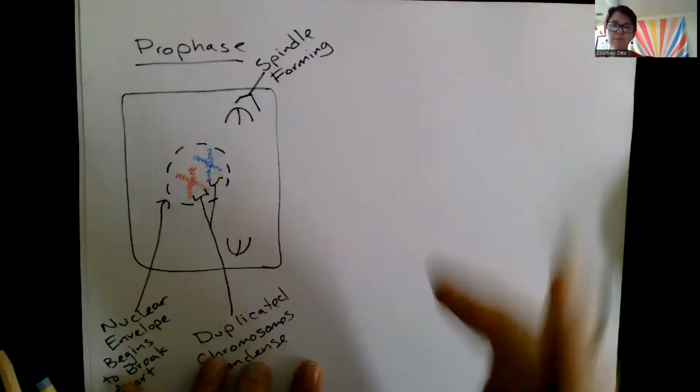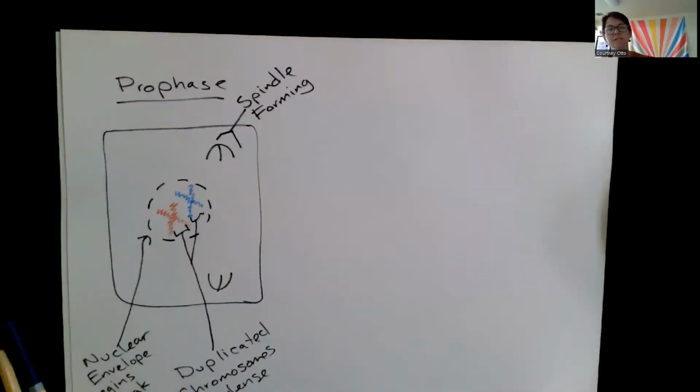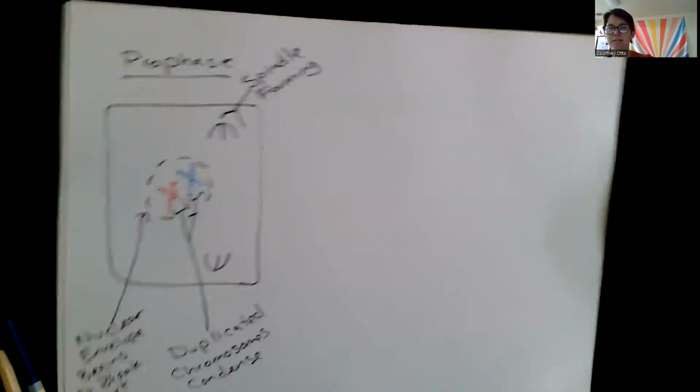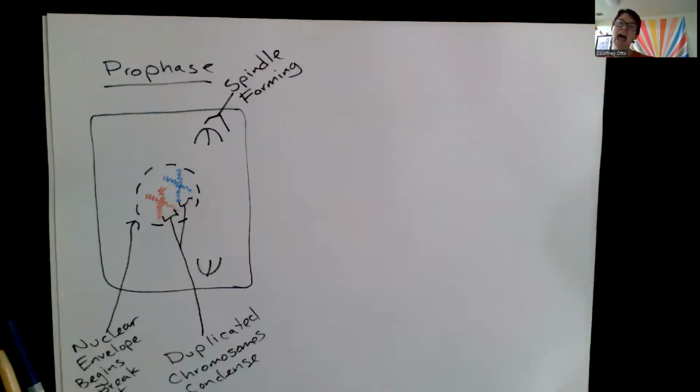The spindle is going to be forming in the cytoplasm because we're going to see that it's actually going to attach to those duplicated chromosomes, and ultimately it's going to be responsible for ripping them in half. Well, this is going to set the stage for the next stage of mitosis, the M, metaphase.